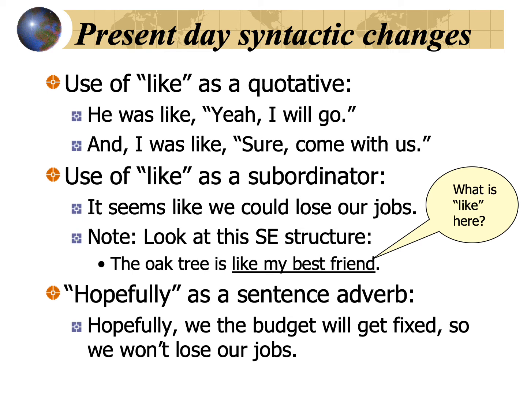I can't separate that noun phrase from like. My best friend, the oak tree is like. That sounds too Yoda like. So, in these structures, like is functioning as a preposition. So what you have is a preposition, a determiner, an adjective, and a noun.